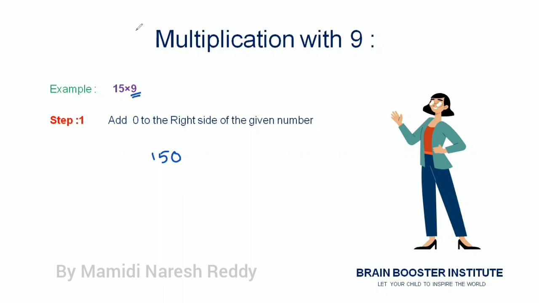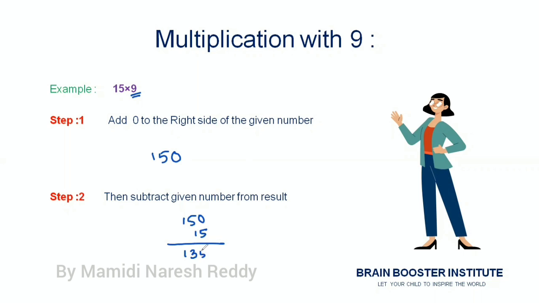This is step 1. And step 2: subtract the given number from the result. The result of step 1 is 150. Just subtract the given number, which is 15, from the result. 150 minus 15 is equal to 135.